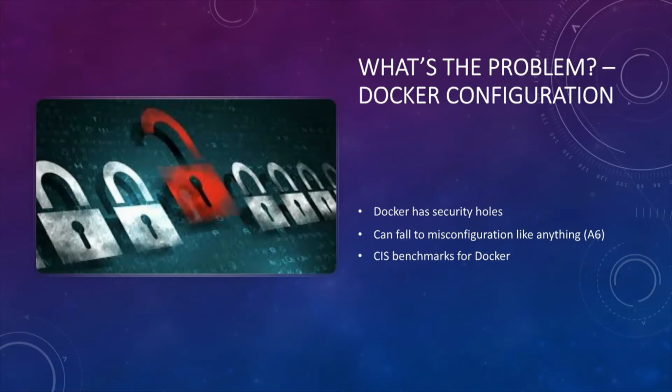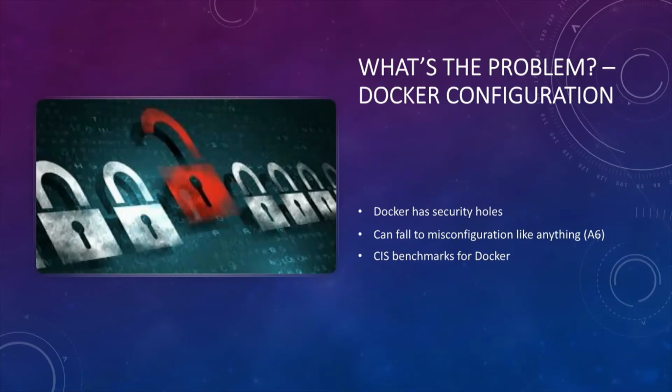Once again, if you go back to the OWASP Top 10, this falls under A6, the latest one: security misconfigurations. Just like you can misconfigure Tomcat or IIS or Apache or SQL, you can do exactly the same thing with Docker, which is why you should use some sort of benchmark to guide you. I reference once again the CIS benchmarks for Docker.